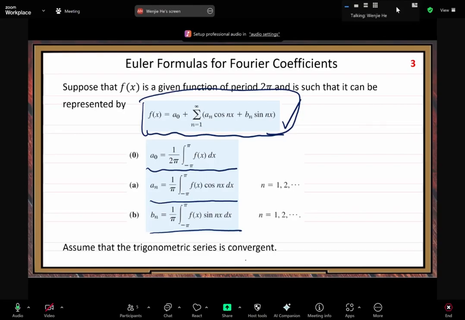So here we assume convergence. But later, there is a theorem telling us the convergence property of the trigonometric series. We will see that.